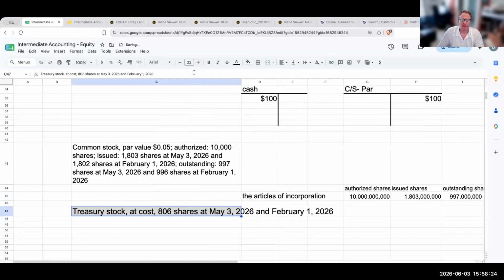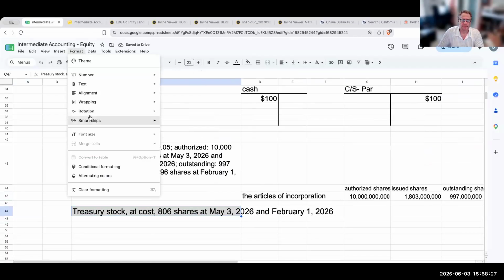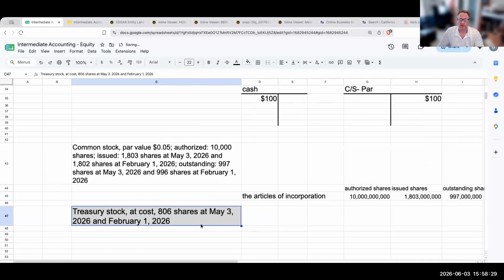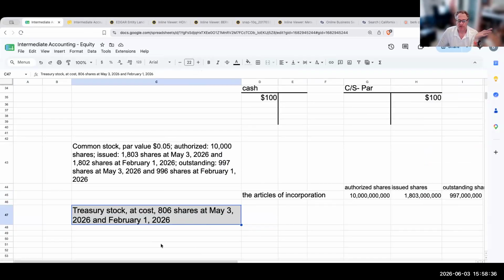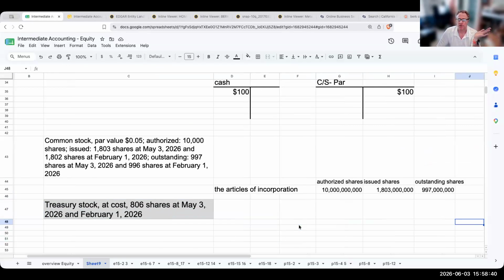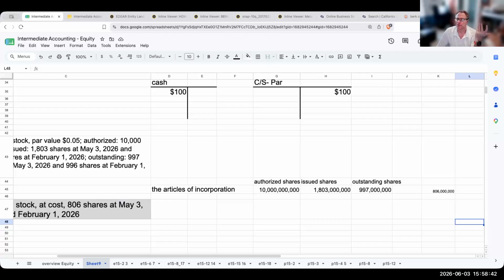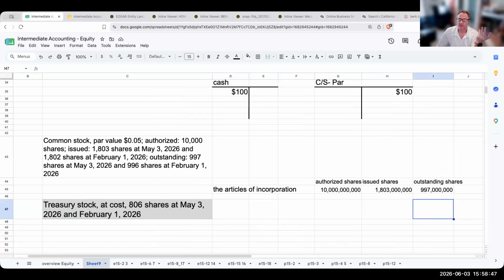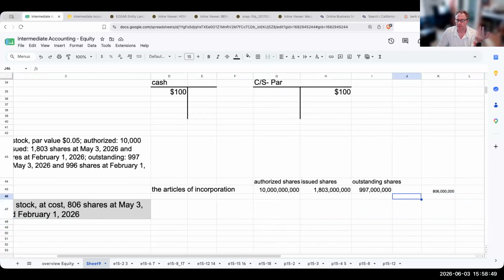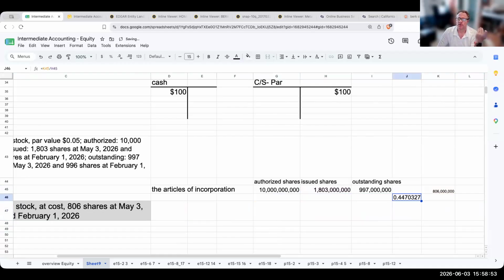If we look at this here, you'll see treasury stock at cost, 806 million shares at May 3rd, 2026. They have repurchased over time 806 million shares of stock. Wow, that's a lot of shares. They are literally swallowing themselves, having repurchased almost 44% of the stock that they previously issued.